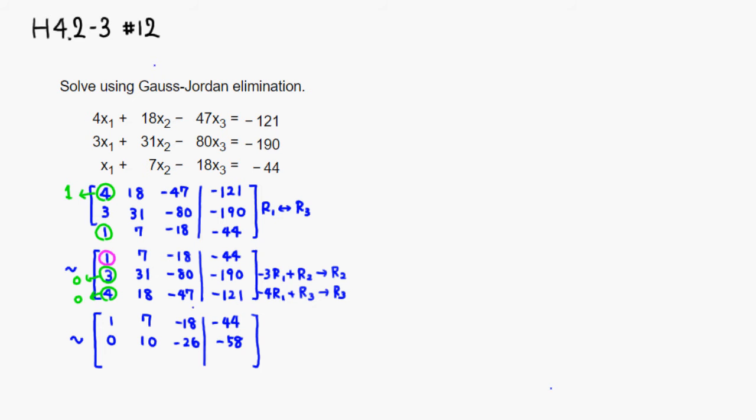For the third row, we multiply by negative 4. So 1 times negative 4 added to positive 4 would be 0, which is what we wanted. And you have 7 times negative 4, that's negative 28. Negative 28 added to 18, so it's going to be negative 10.